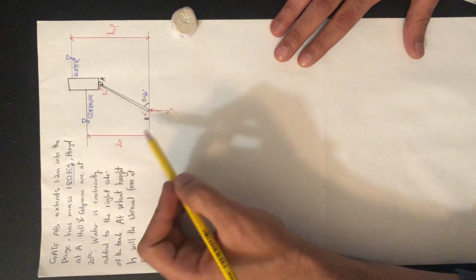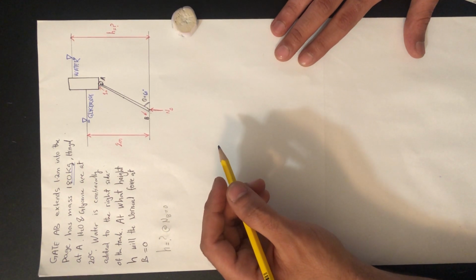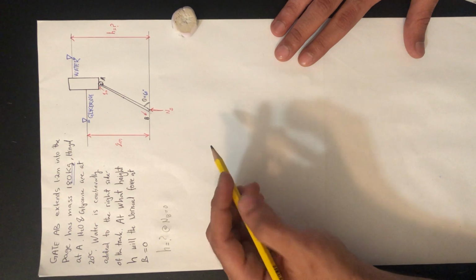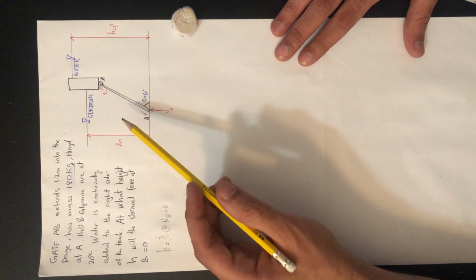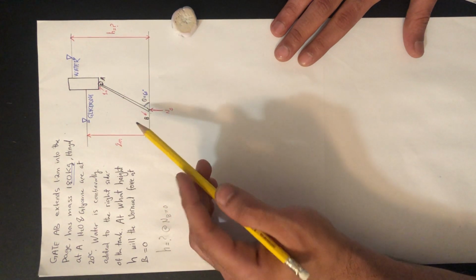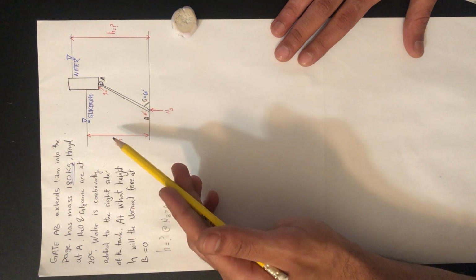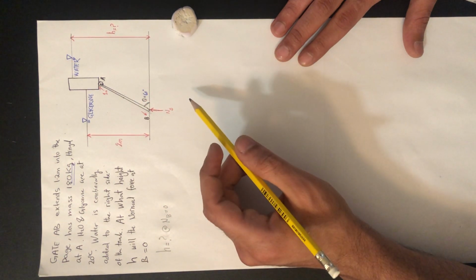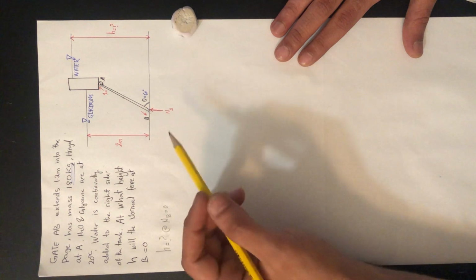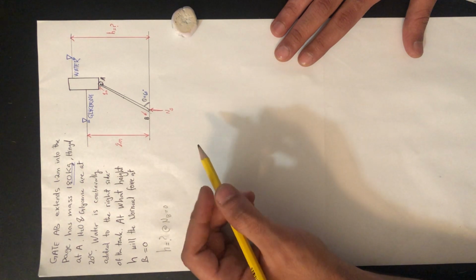Let's look at our diagram here. We are dealing with a submerged scenario. We have a submerged surface, our gate AB, submerged between two fluids, glycerin on the left side and water on the right side. We know that forces develop due to fluids in contact with the surface.